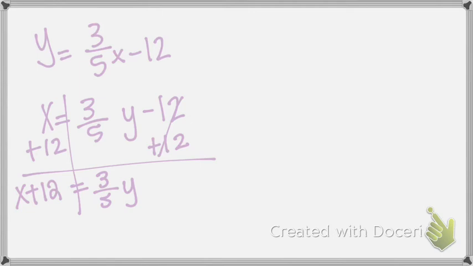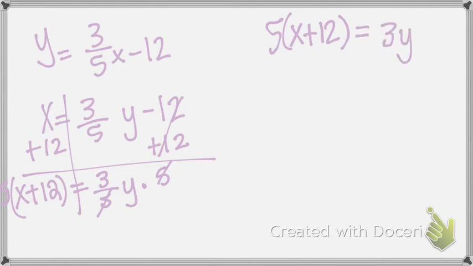Here we have a fraction of 3 over 5. To get rid of that denominator, this is just simple math, guys, we must multiply by it on both sides. So now we've got 5 times x plus 12 equals 3y, because this 5 on the top cancels with the 5 on the bottom, so we're just left with that 3.